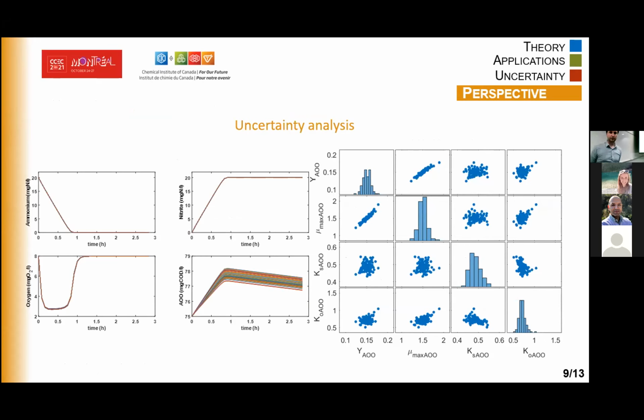And so this is telling us that our output variables on the left are giving us a quite accurate result even by modifying the parameters, as we see in ammonium, oxygen and nitrate. But there is a larger uncertainty in the evaluation of the biomass concentration.